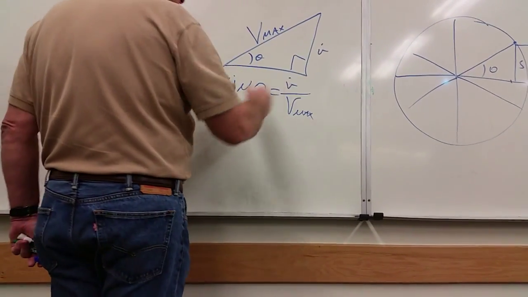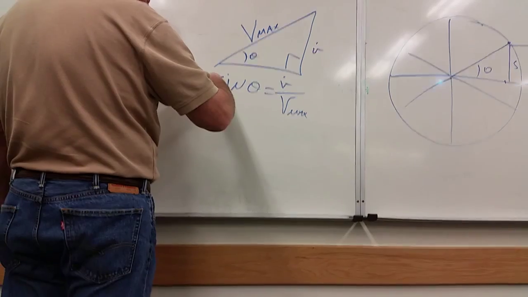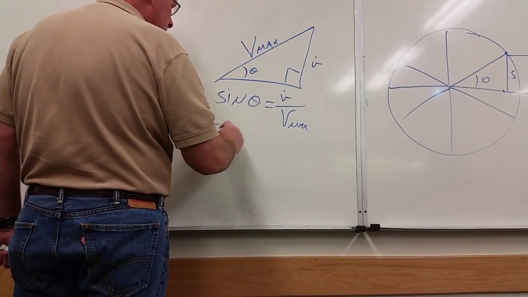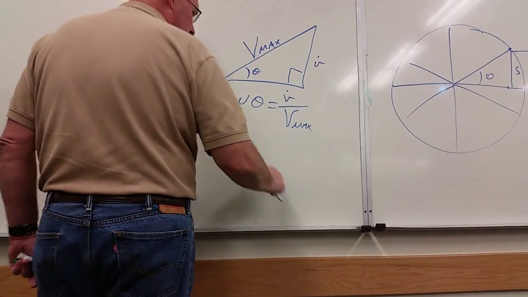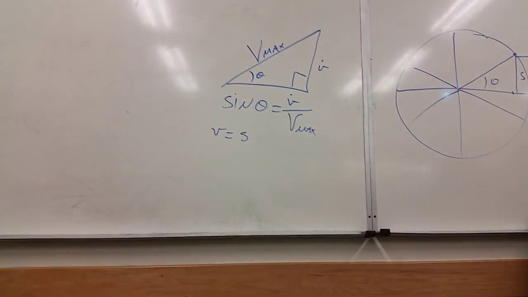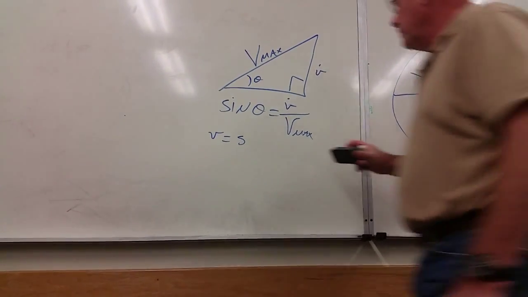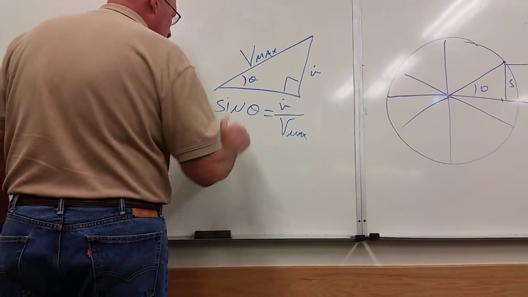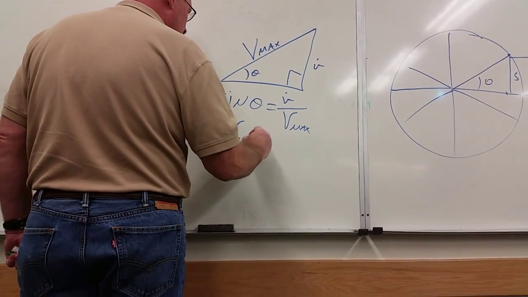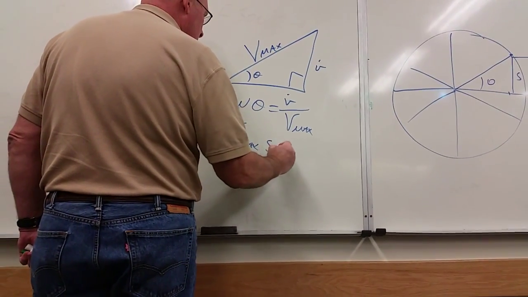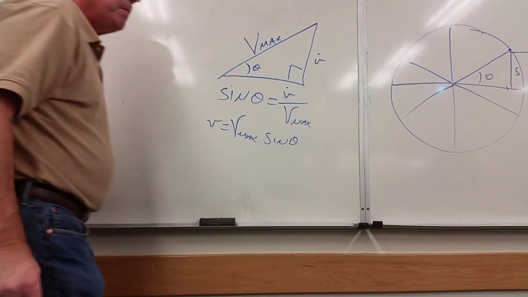And so if we want the instantaneous value, we just flip this up, and our instantaneous is, usually write the b max first, so it's v max times the sine of theta, right?